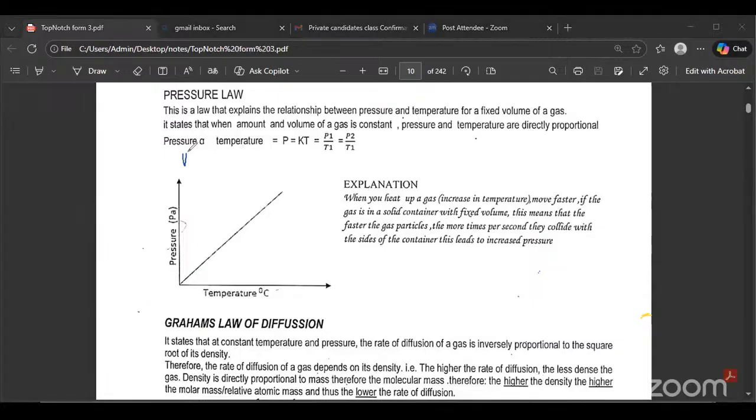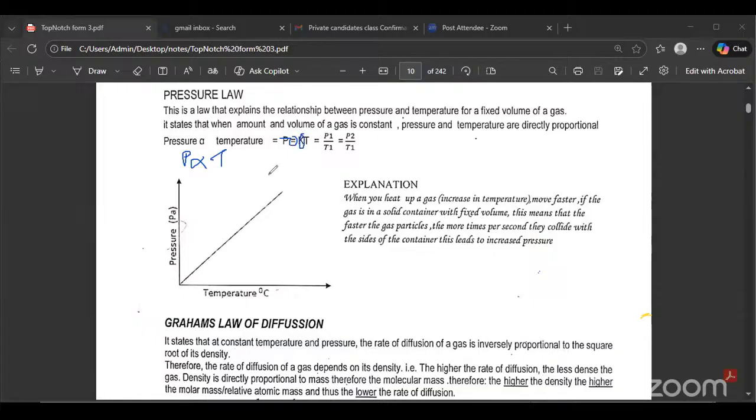So I have to explain. Pressure is directly proportional to the temperature. But if it was inversely proportional, it would have been pressure is inversely proportional to the temperature. When it is inverse, you see it is 1 over. When it is directly proportional, you don't add that over. And then when you introduce the constant, for me to introduce the equal sign, I must introduce the constant.